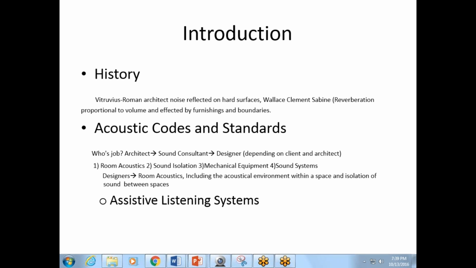We don't touch much on sound isolation, although it's part of room acoustics. Mechanical equipment and sound systems, those more technical things we'll leave to the engineers as well as the consultants. And then below you see I have the arrow leading to room acoustics, including the acoustical environment within a space and isolation of sound between the spaces. So we'll see more of that in our homework assignment, and I'll talk about that at the very end of the night.